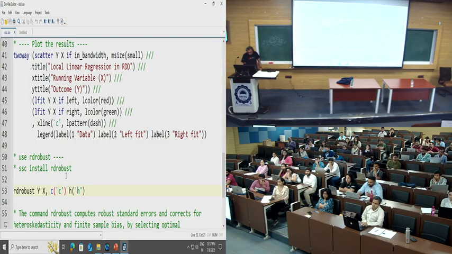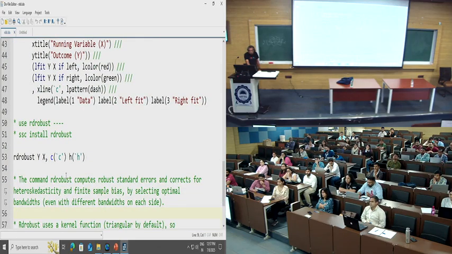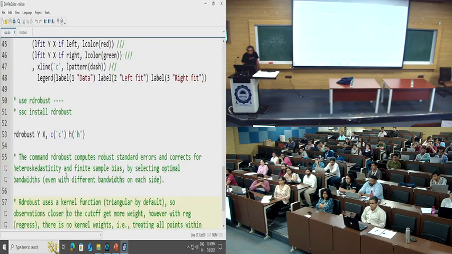I use that, and then I want to see whether it matches the result or not. It would never match the result simply because it computes robust standard errors, corrects for heteroscedasticity and finite sample bias, and selects the optimal bandwidth in a different way. Okay, clear? And even with different bandwidths on each side. That's why the written program and the Stata inbuilt one would not match, right?